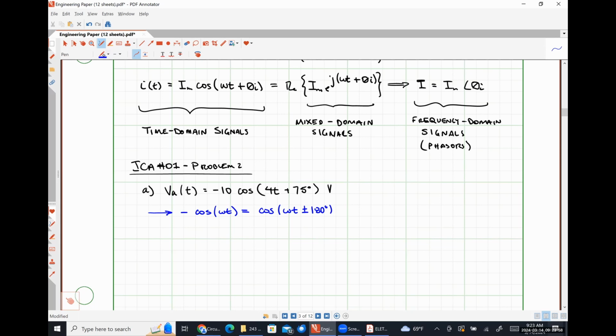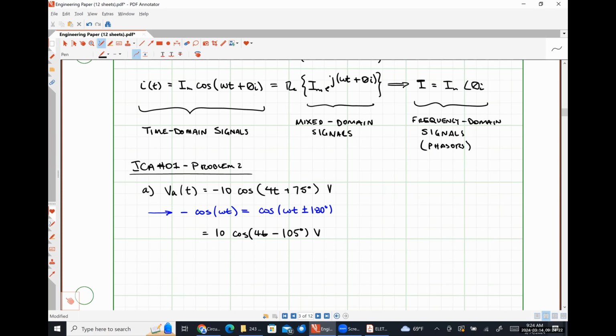So applying this identity, we would then have 10 cosine 4t. I'm going to subtract 180 degrees from this. So 75 minus 180, if I'm not mistaken, comes out to be negative 105 degrees.